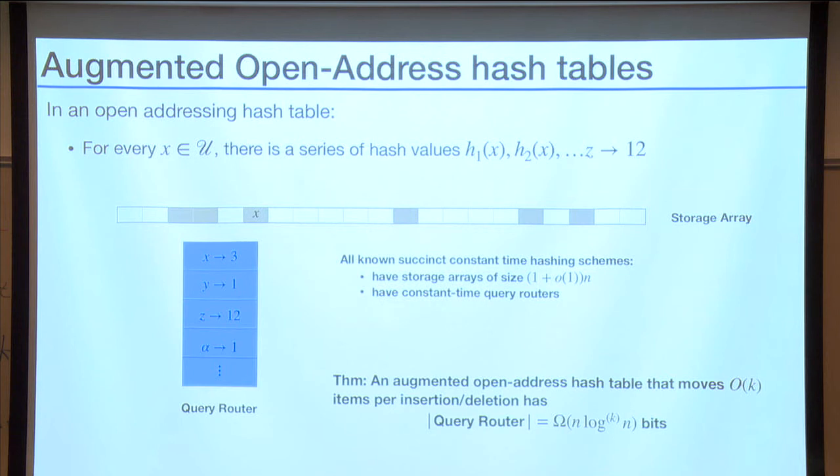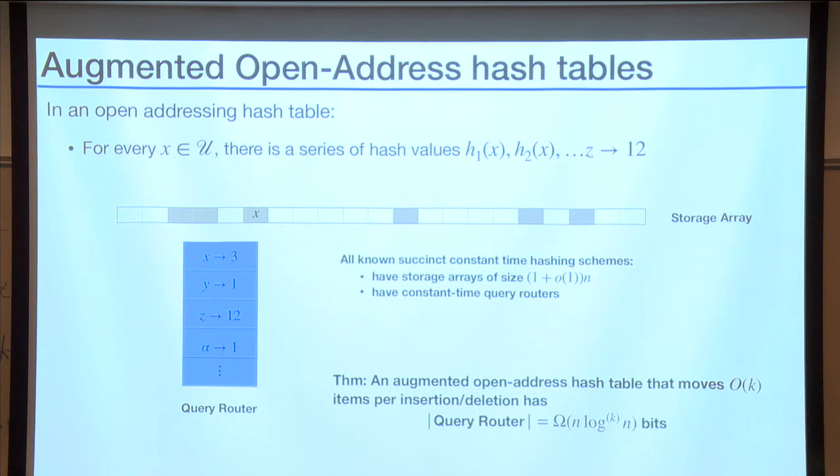I see, the query router is already this big. And in the upper bound, we have something that matches this and stores an explicit hash function. So in the lower bound, you're giving me this extra freedom to pick whatever hash functions I want. That's right, and I don't pay for that at all. Yeah, any series of hash values you want. Oh, okay, so that answers the question.